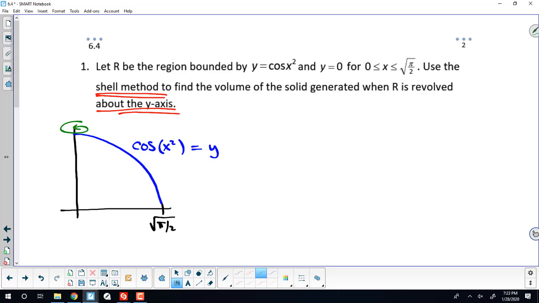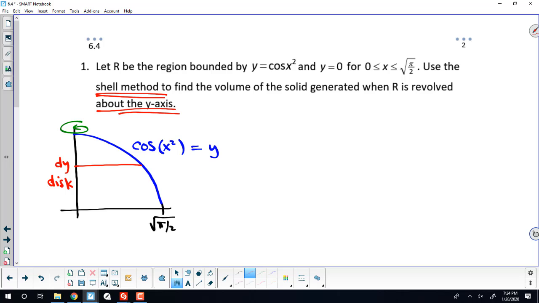Let's pretend that we don't have any instructions, it just says find the volume. If I were to say, all right, I'm going to slice it this way, perpendicular to the axis of revolution, then I'm using the disk method, right? My slices dy are perpendicular to the axis of revolution.